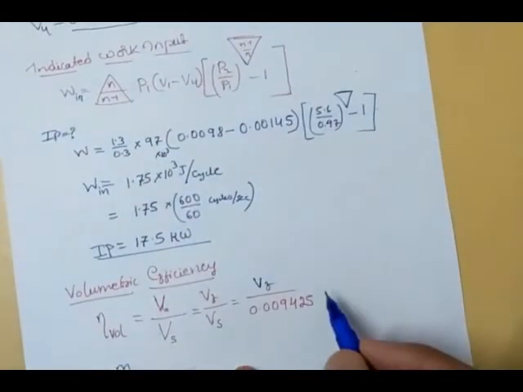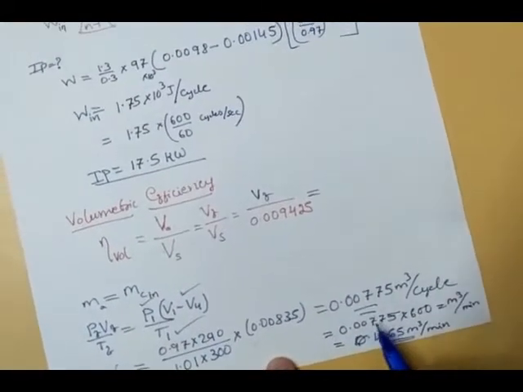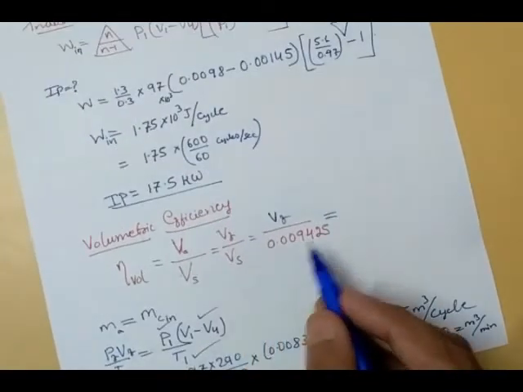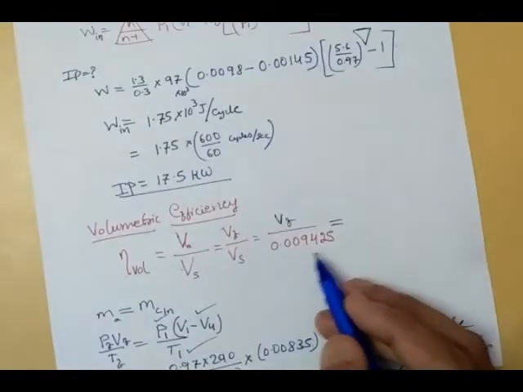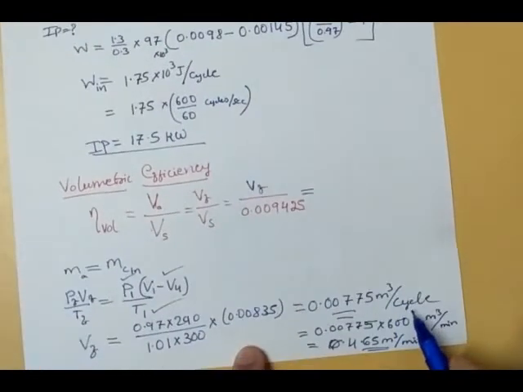Next we'll come to the efficiency. Here Vf is there because Vs is also available. This Vs we have substituted in the unit meter cube per cycle.